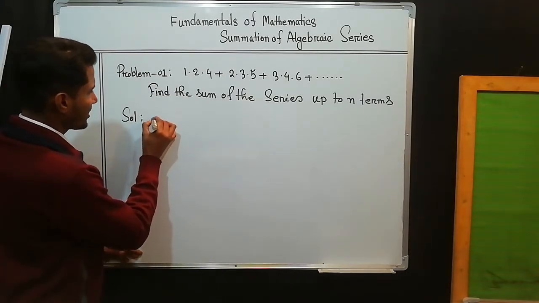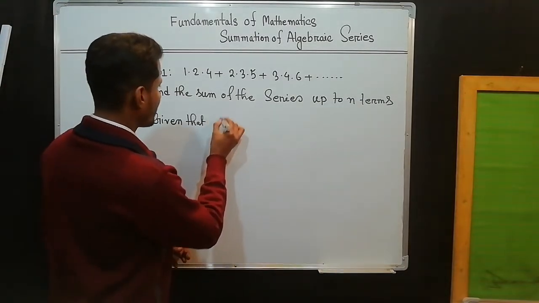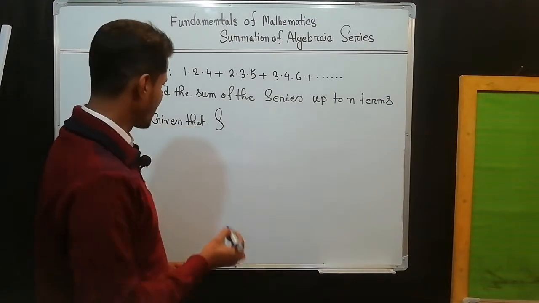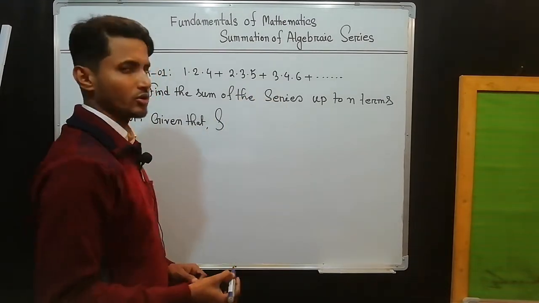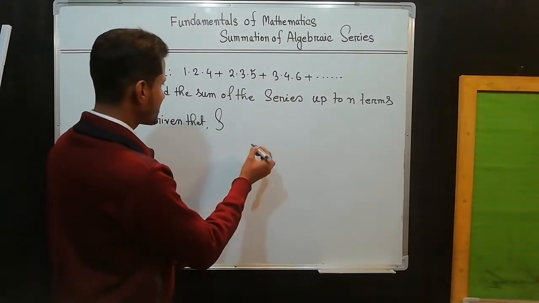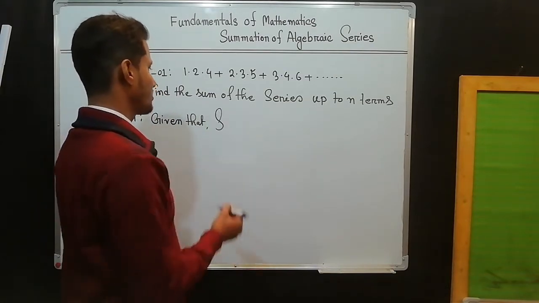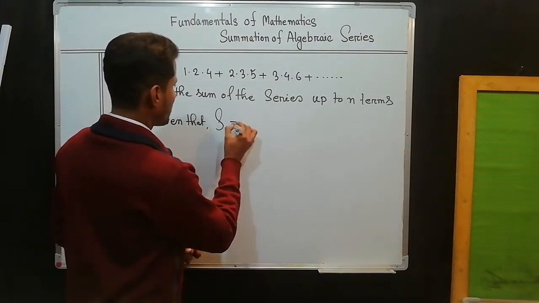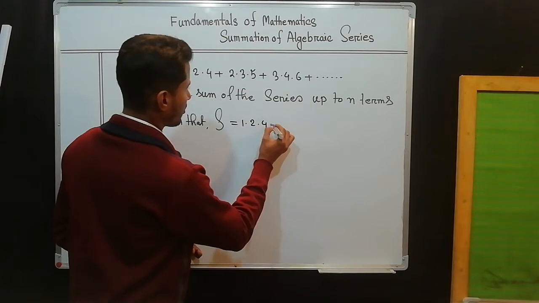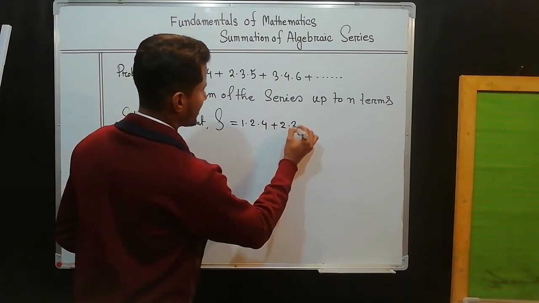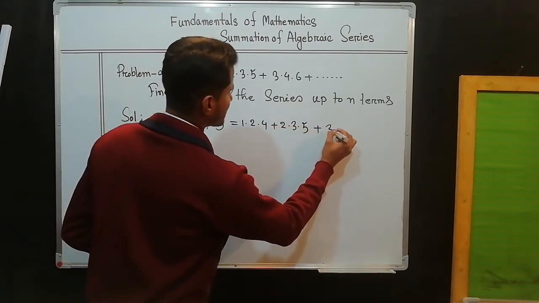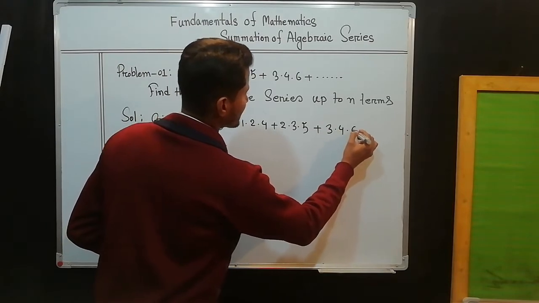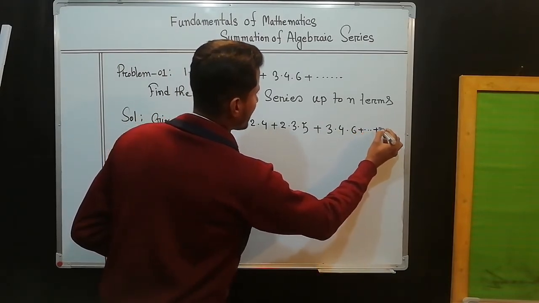Here it is given that S, the summation, equals 1·2·4 plus 2·3·5 plus 3·4·6 up to n terms.